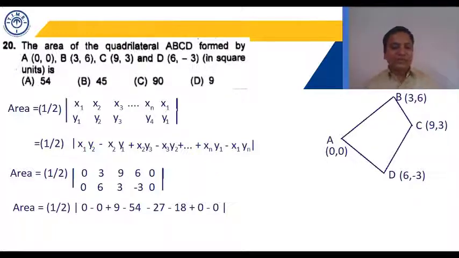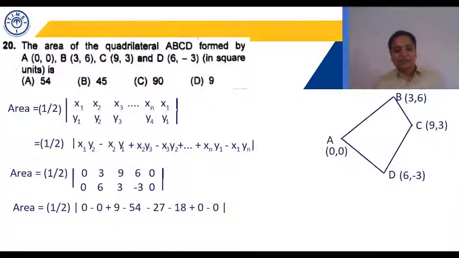Once again, 0 into 6 is 0, minus 0 into 3 is 0, plus 3 into 3 is plus 9, minus 6 into 9 is minus 54, plus 9 into minus 3 is minus 27, minus 3 into 6 is minus 18, plus 6 into 0 is 0, minus 3 into 0 is again 0.